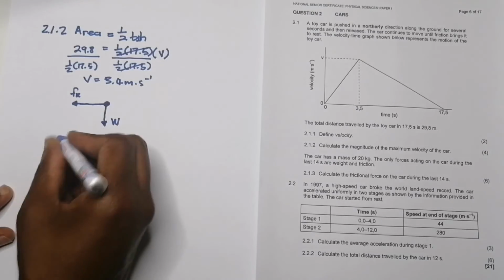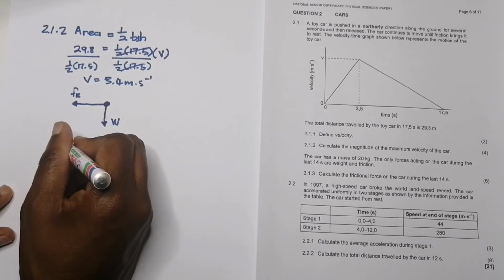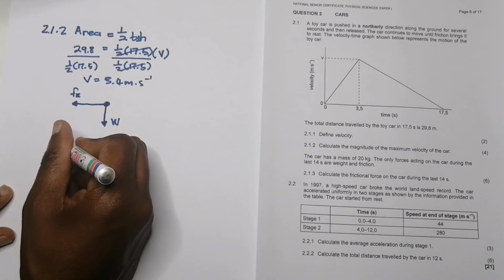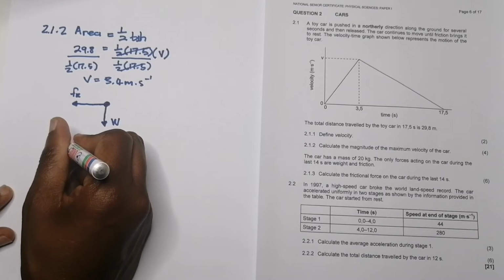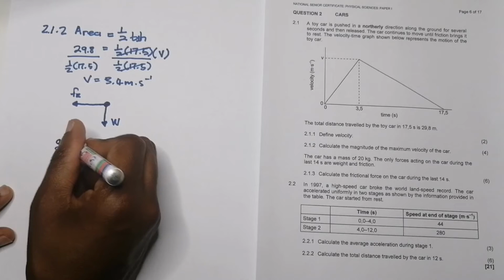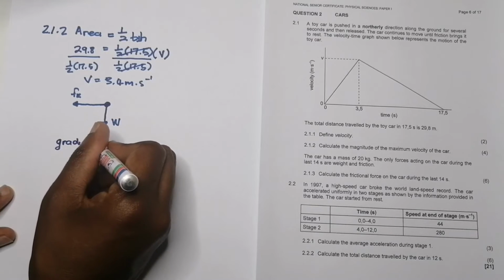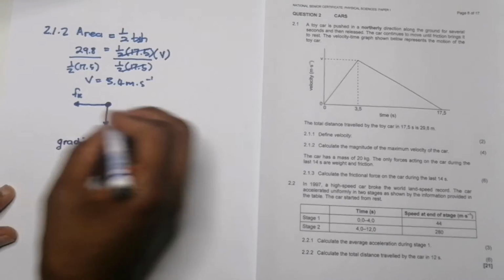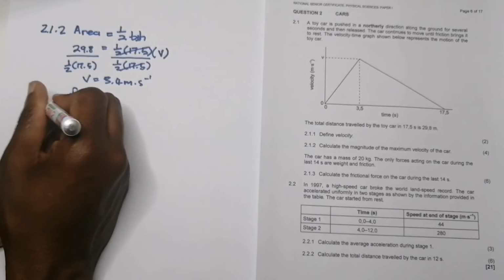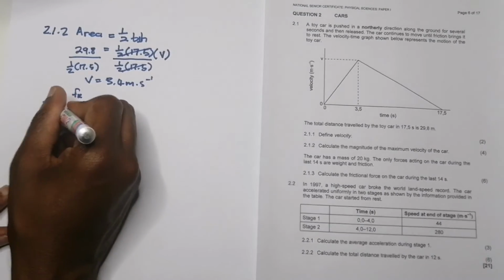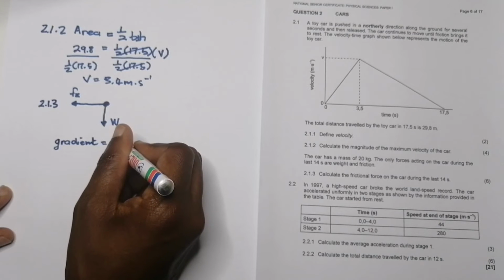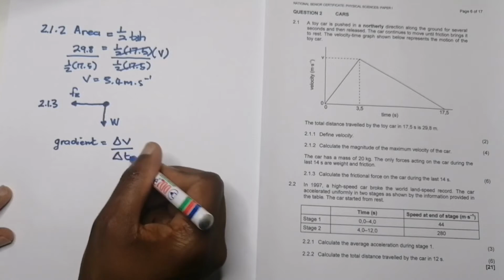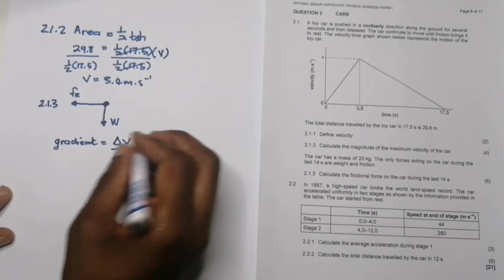Now we can find out what that acceleration is. Remember what I said, that when you find the gradient of the velocity-time graph, that would be the acceleration. So what is our gradient in this case? You can call it m, whatever you want to call it. Let me show emphatically that I'm answering 2.1.3. The gradient is going to be the change in velocity divided by the change in time. So let's find out.